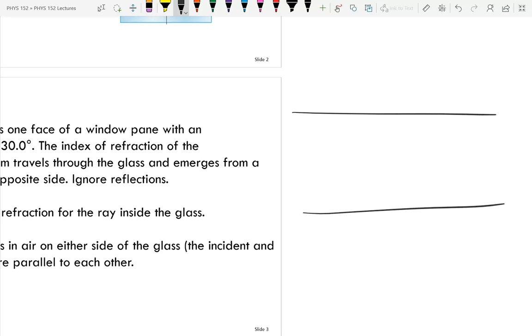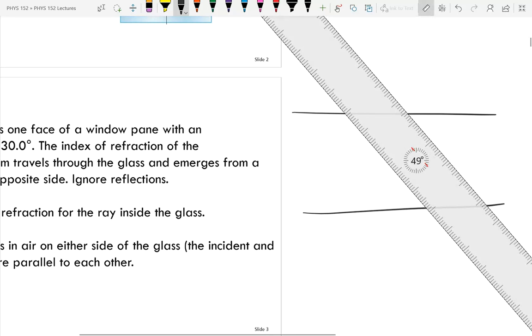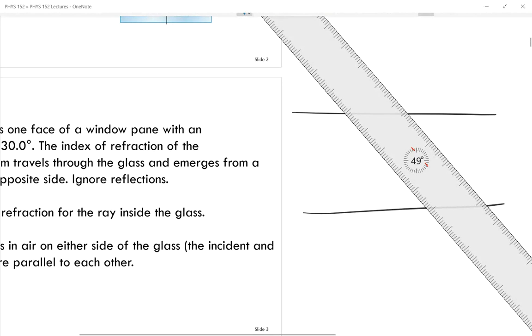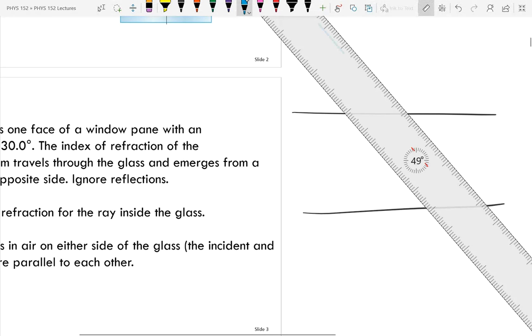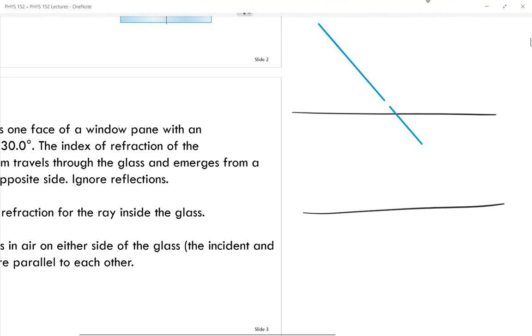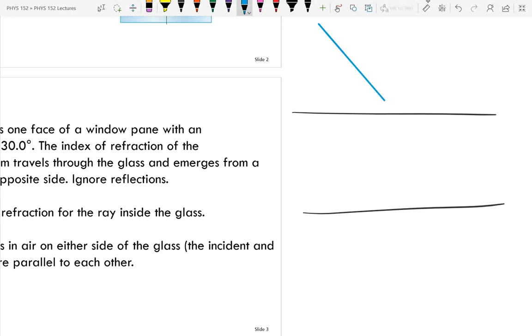So here's my pane of glass, drawn without aid of the ruler. I'm going to have my incident light come in like this. Whoops. Yeah, this totally isn't working. Somehow, I got part of a line drawn. Let's just say that Microsoft doesn't have everything fixed yet.